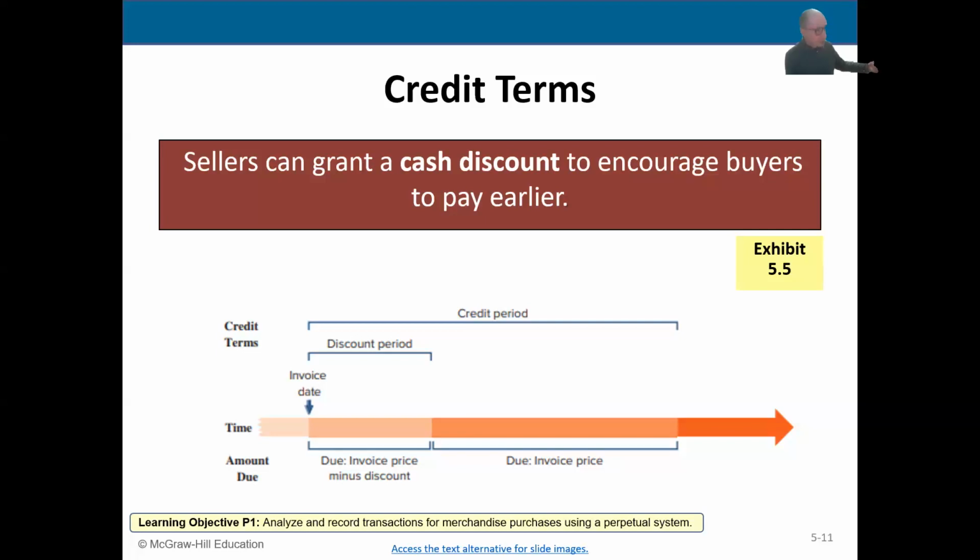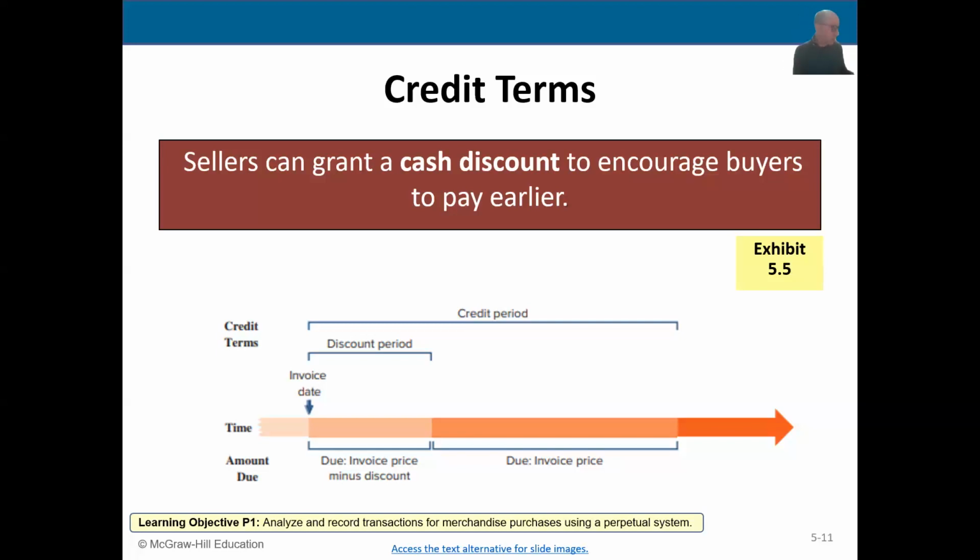It creates what's called an account payable with that vendor. Oftentimes with credit terms, the vendor or distributor will provide you with a discount if you pay them early. Makes sense, right? Who doesn't like to get paid early? Oh, I'll give you a discount if you pay me early, right? That's what we call credit terms.